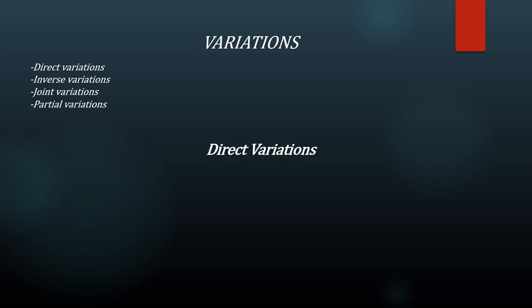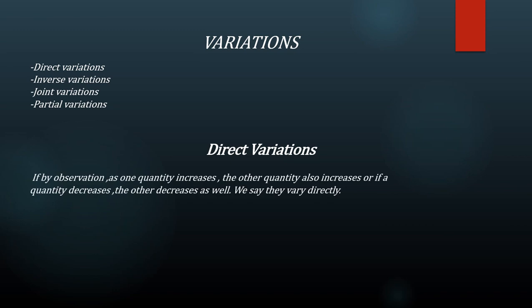So when something varies directly, how do we come about that? It says here that if by observation, as one quantity increases, the other quantity also increases, or if a quantity decreases, the other decreases as well, we say they vary directly.